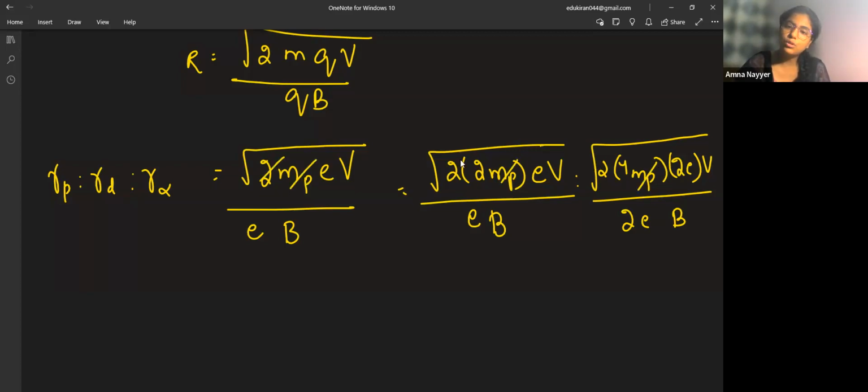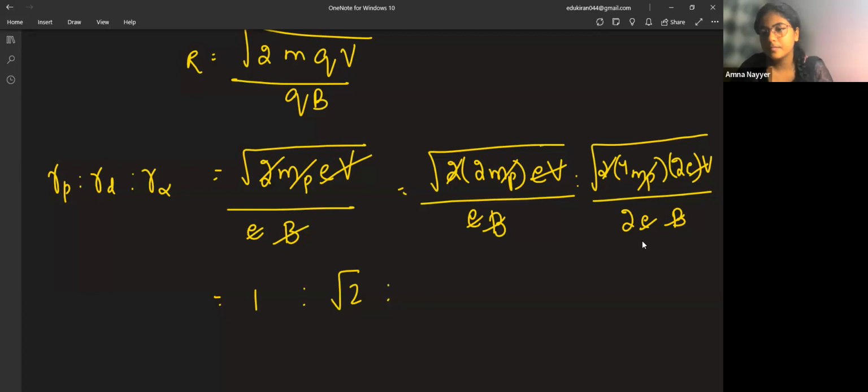This root 2 from everywhere will be cancelled, EV will be cancelled. And in the denominator, EB will be cancelled. So what are we left with now? See, from here, nothing is left, 1. From here, EB, MP, 2, EV, this root 2 is left.